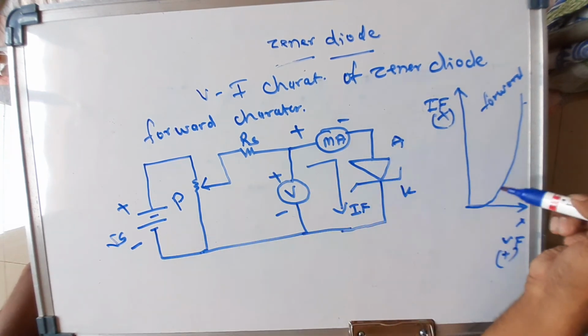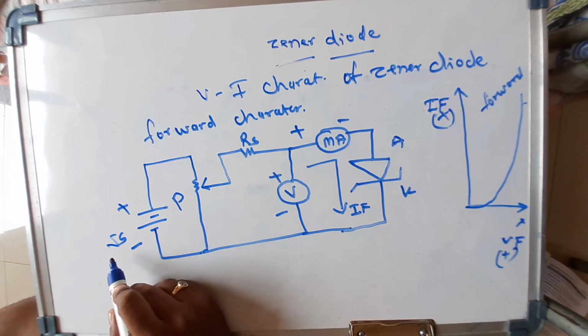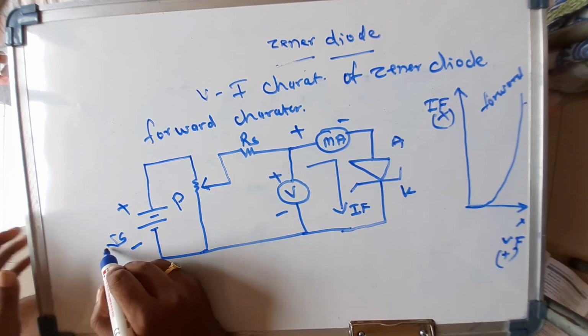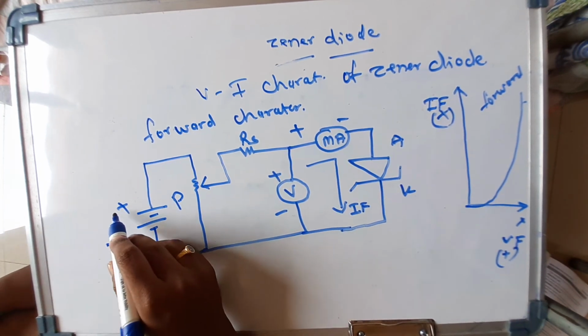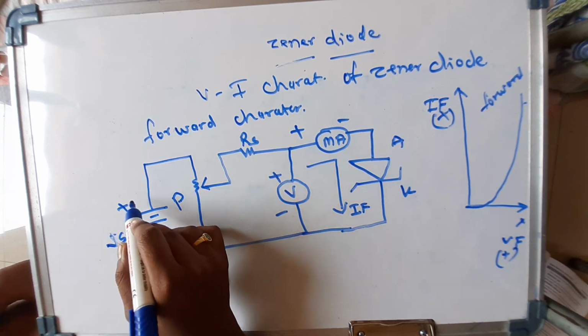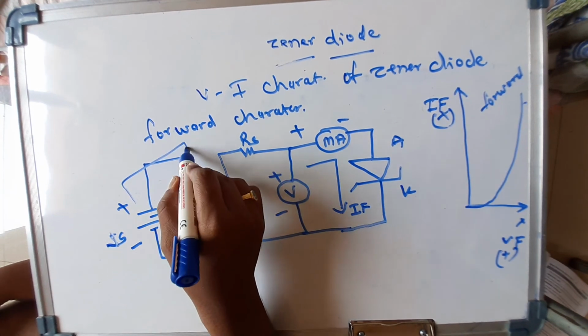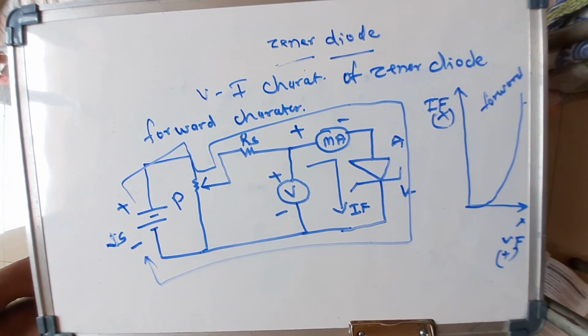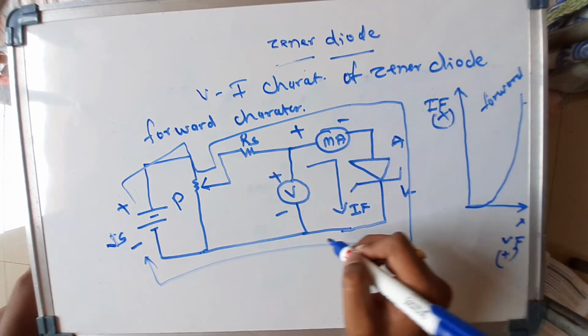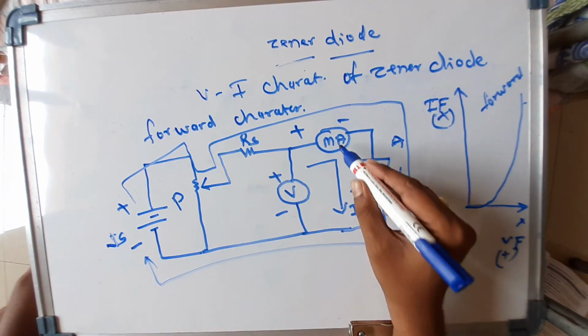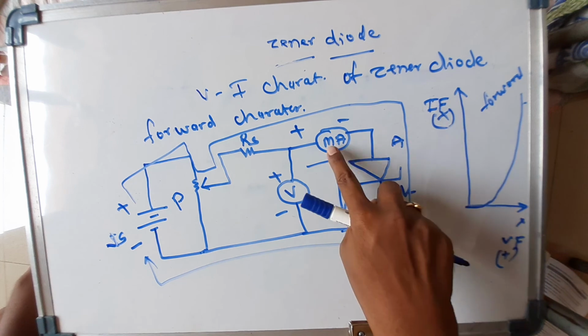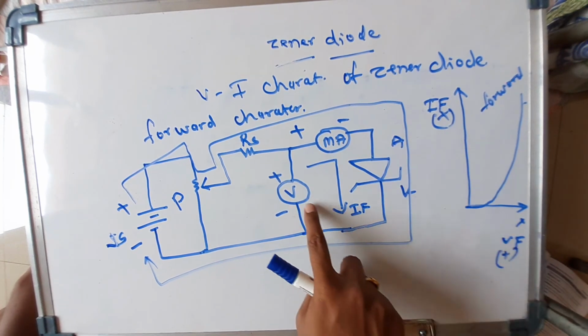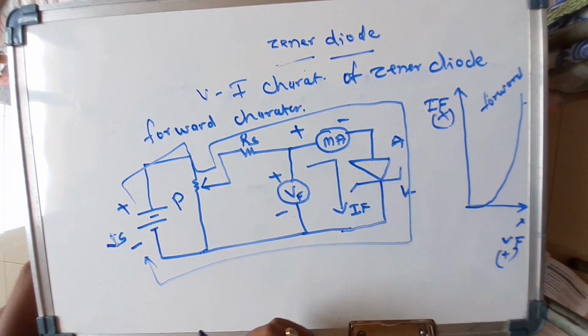So how that will come? Here I have to apply the supply voltage Vs. After applying this, current is flowing like this one, plus to minus. After flowing the currents, I will get the current here IF. This IF I will get it here, and this VF I will get it here. We will call this one as VF.